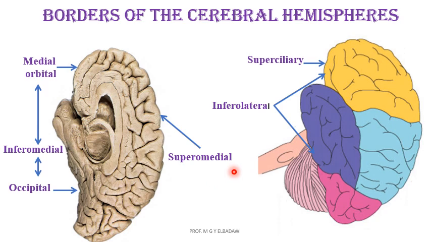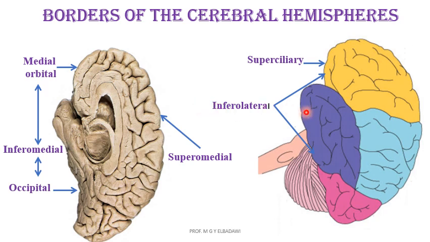About the borders, there are 3 borders: supero-medial border and infero-medial border and inferior-lateral border. These are the 3 borders of the hemisphere.